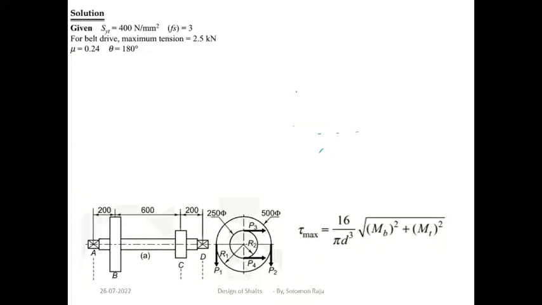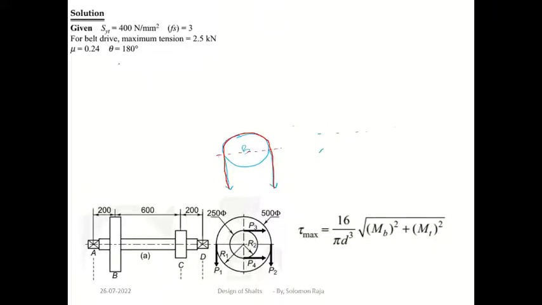Suppose there is a pulley. Let us consider pulley B, and on pulley B, this is the belt, this rectangular thing is a belt, and see the overlap, this is 180 degrees, that's what they have given in the question.